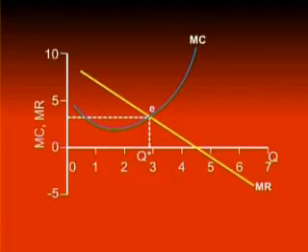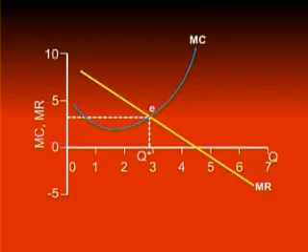Whereas the marginal revenue line is a straight downward sloping line which intersects the x-axis between 4 and 5. Now, what happens at the point of intersection? The point of intersection is E, and this happens when the quantity is Q star, which is equal to 3.